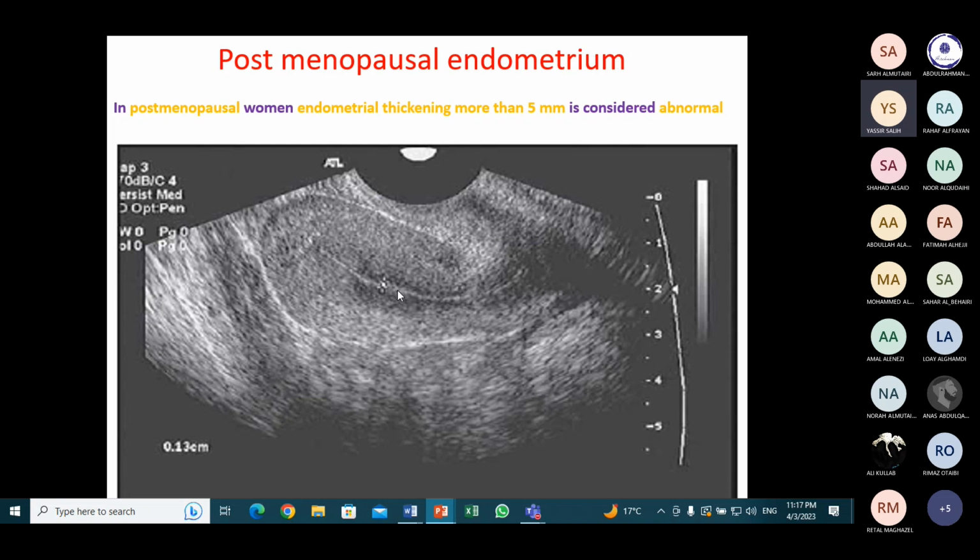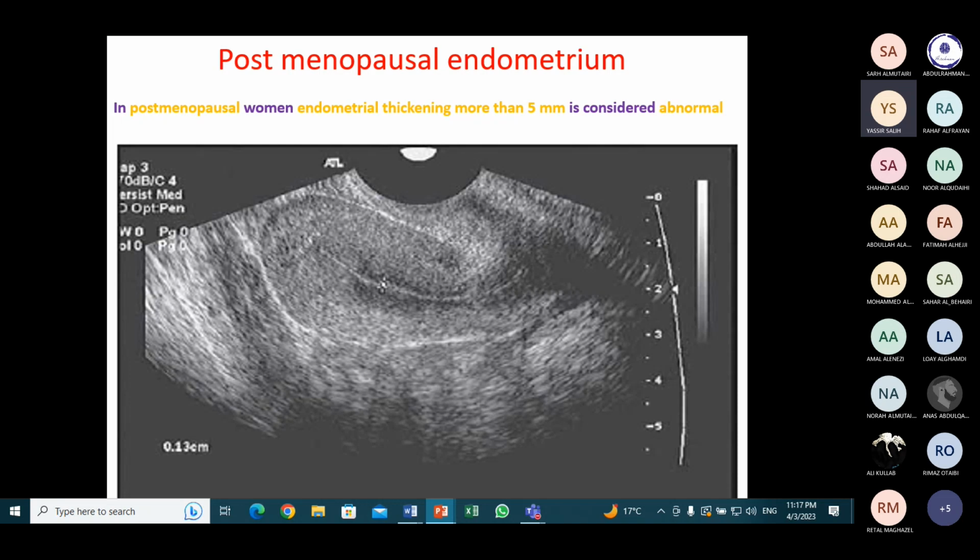But endometrial hyperplasia is the common cause of this vaginal bleeding in postmenopausal women. But if we have a postmenopausal patient presenting with vaginal bleeding, you have to assess to exclude endometrial carcinoma by measuring the endometrial thickening, and also to assess the shape of the endometrium, is it regular or irregular.